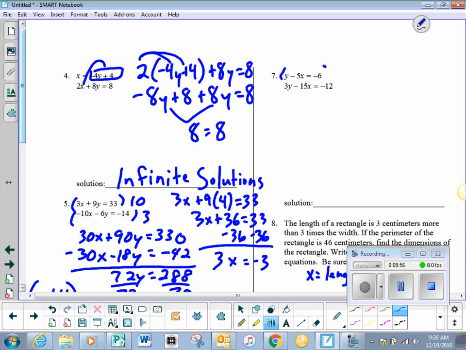Okay, if you multiply the top by 3, you get negative 3y plus 15x equals 18. And when you combine these, you get 0 equals 6. Oh, that's weird. My variables have all canceled out, and all I'm left with is two non-equivalent quantities, so there's no solution.